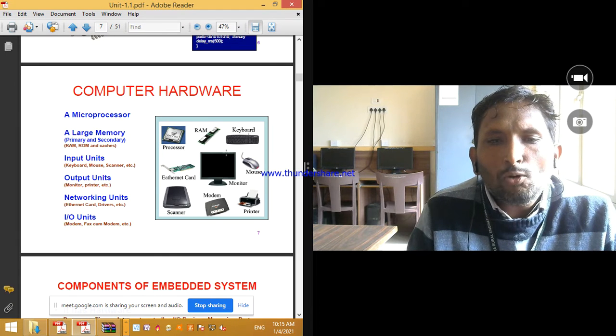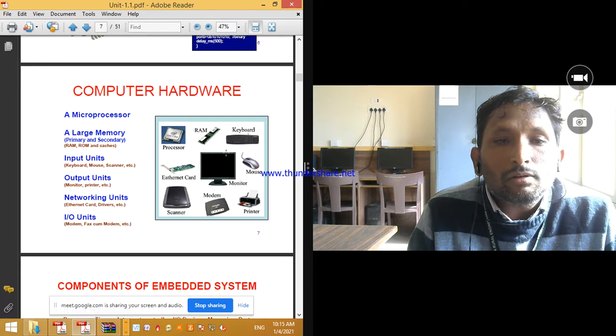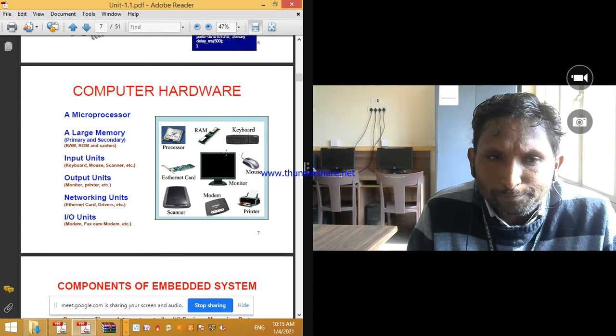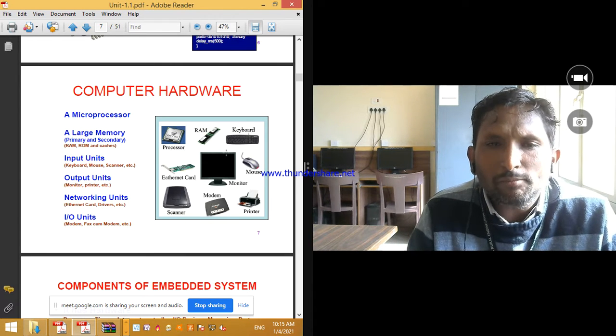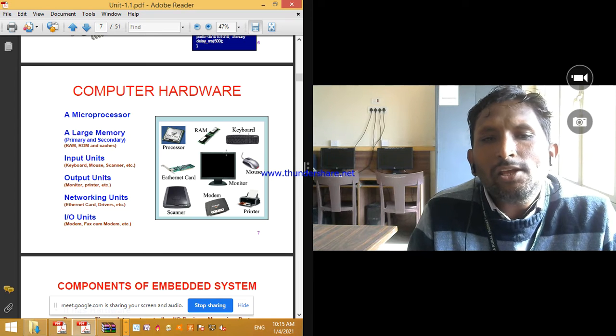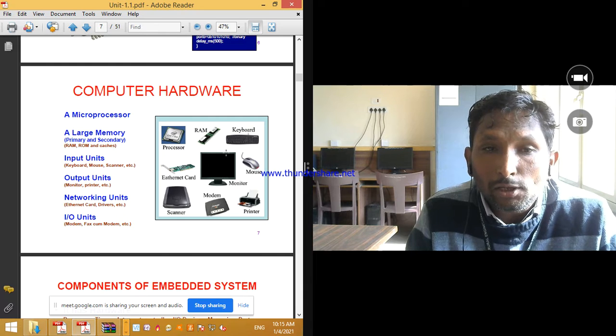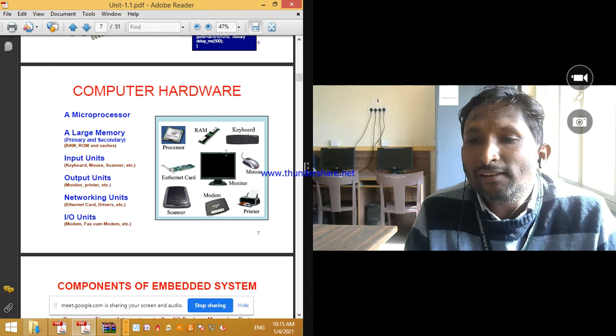If you look over here, the picture includes a microprocessor. Again, the term comes in your second year of engineering. You might have gone through microprocessor and microcontroller. These are two different things.